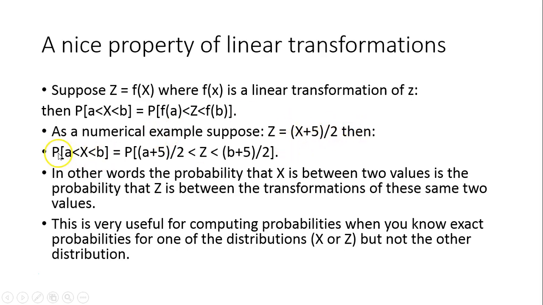Okay? Then the probability that x is between a and b is the probability that z is between a plus 5 over 2 and b plus 5 over 2. In other words, the probability that x is between two values is the probability that z is between the transformations of the same two values.